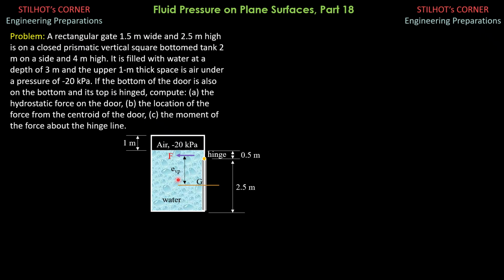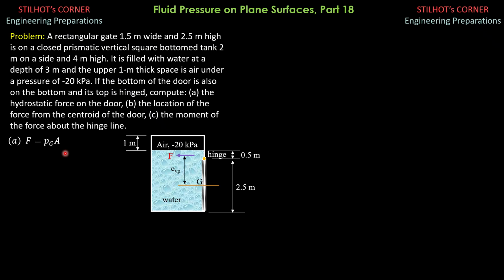So we expect e_VP to be negative, and that's why it should be above G. Now, for F, because this is a bit complicated situation, we have to use F equals pressure at the centroid level of the gate times area of the gate, wherein the area of the gate is 1.5 by 2.5. So F is pressure at G times area. We expect the pressure at the centroid to be negative. That's why F is going to the left.